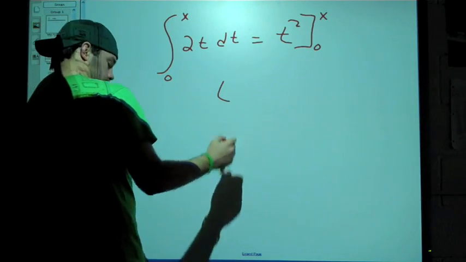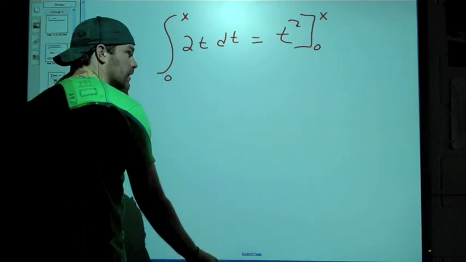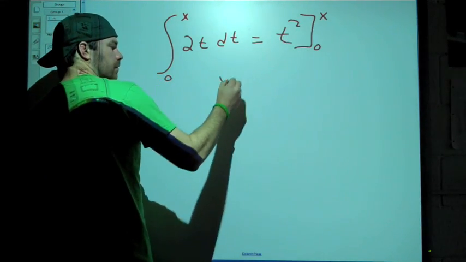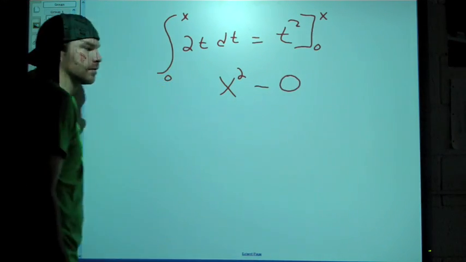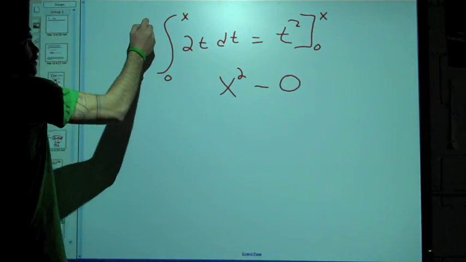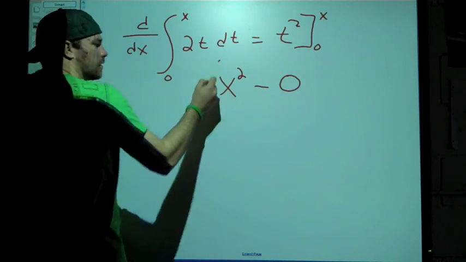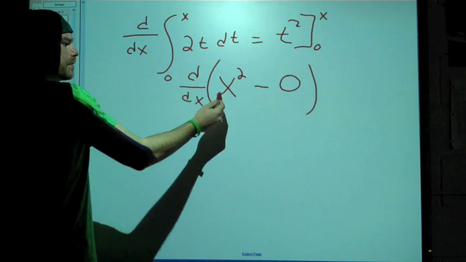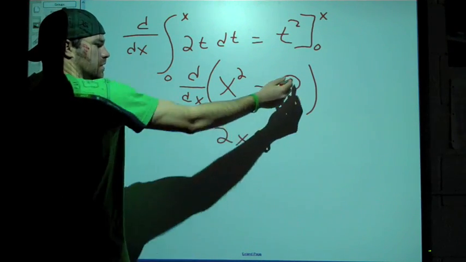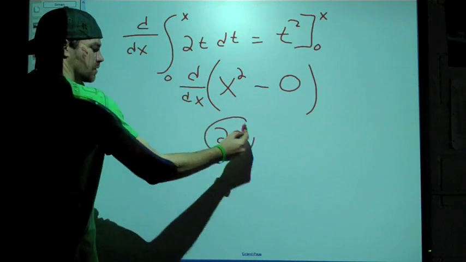So, plug in upper limit, x squared, minus plug in lower limit, 0 squared. So if I want to know what the derivative of this is, what's the derivative of x squared? 2x. What's the derivative of 0? 0. So there's your answer, 2x.